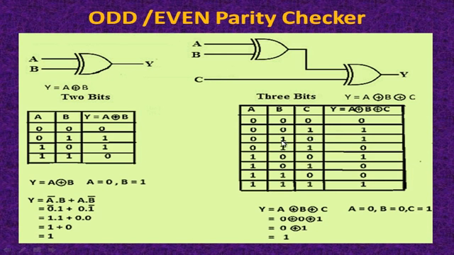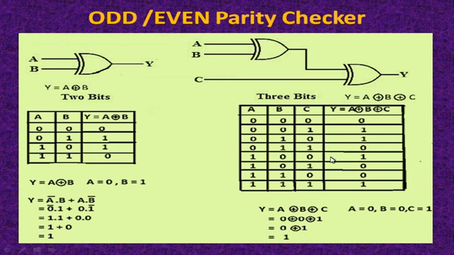Again you can observe in case third, there is again only one input high, so we'll get the output also high. But in the fourth case, what is given there? 0 1 1. If we put 0 1 1 here, 0 XOR 1 will be 1, and again taking this 1, 1 XOR 1 will be 0.